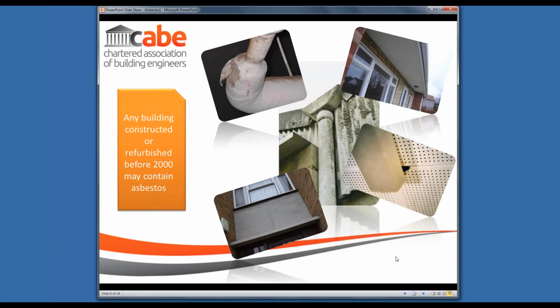It's quite often used in things such as pipe lagging, profiled sheeting, guttering downpipes, ceiling tiles, soffit fascias. And these are some of the areas where sometimes it can be difficult to establish whether it's an asbestos product or not. So many buildings that were being constructed or refurbished up until 2000 still contained asbestos products.